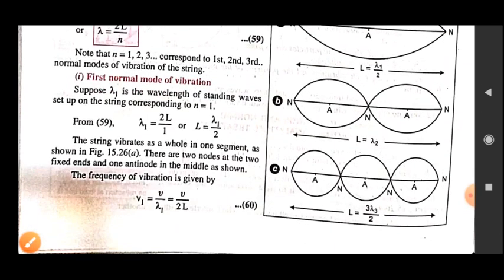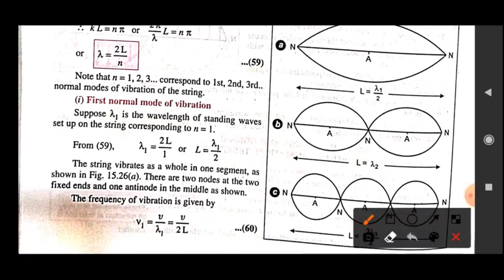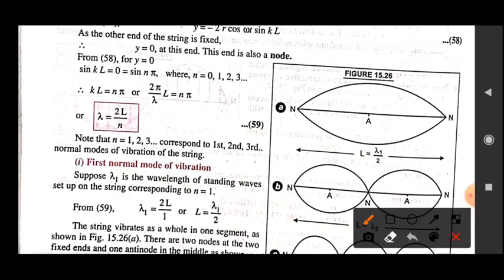Let's see the next one, what will be the value of wavelength. The value of wavelength lambda 1, using this formula, will be 2L, or L is equal to lambda 1 by 2. It means that within the whole length of the string from this node position to this position, the length is L, and only half of the wavelength fits there.